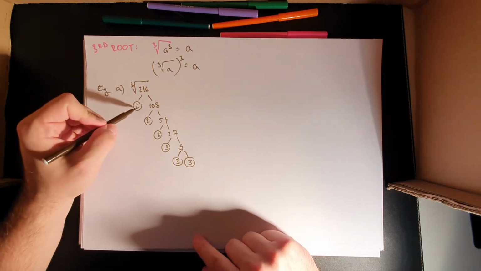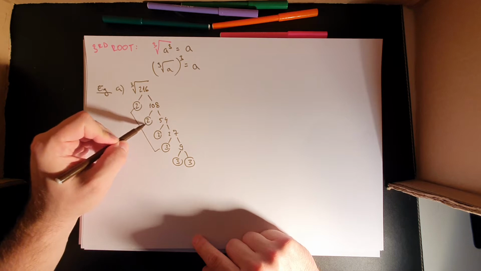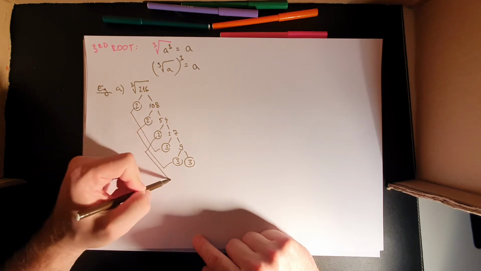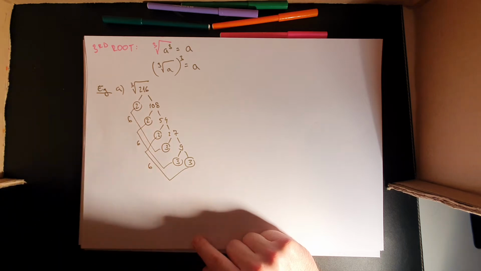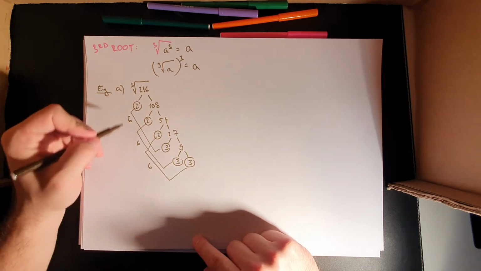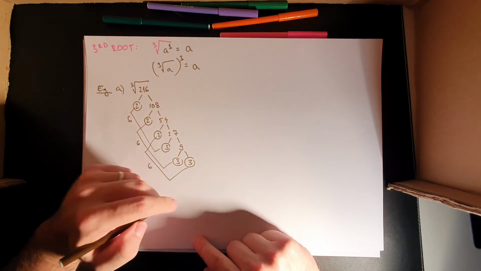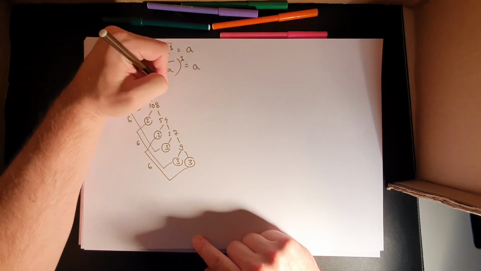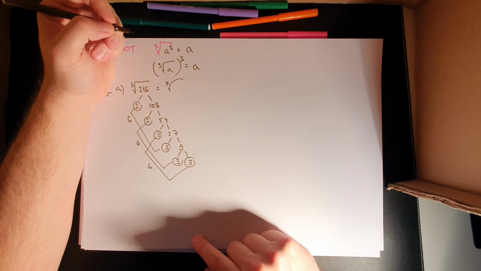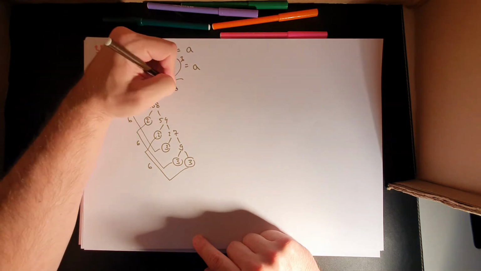Oh, 2 and 3, 2 and 3, 2 and 3: 6, 6, 6. So 6 times 6 times 6 is going to give us 216, meaning that the third root of 216 is equal to the third root of 6 to the power of 3.